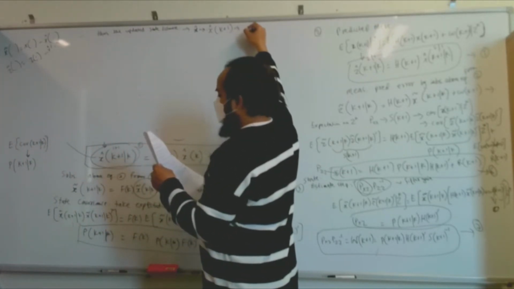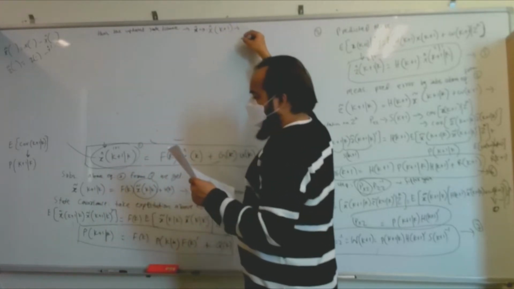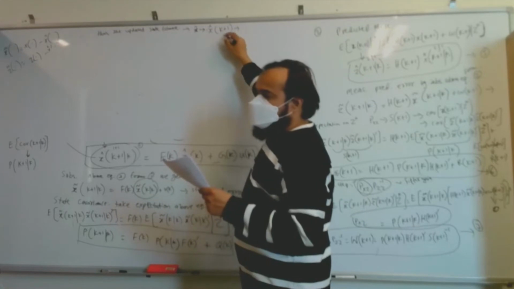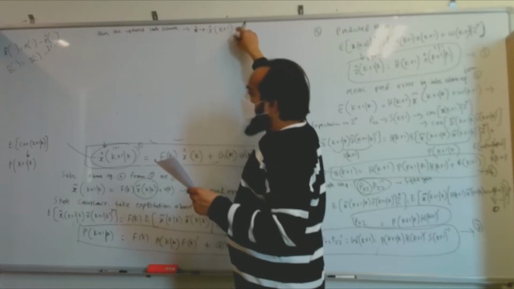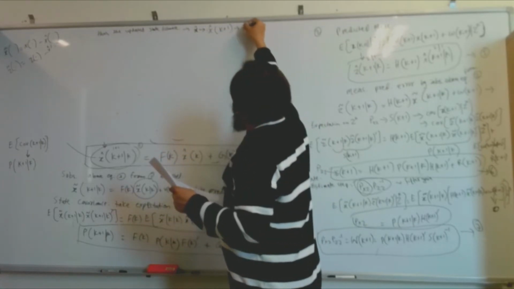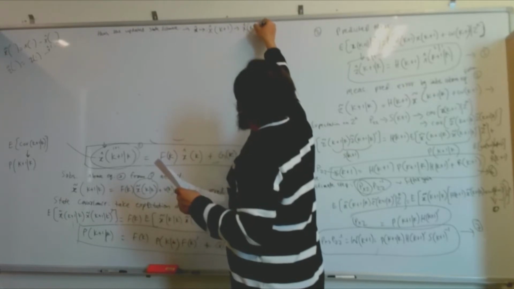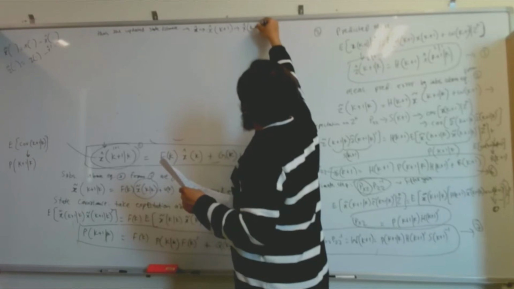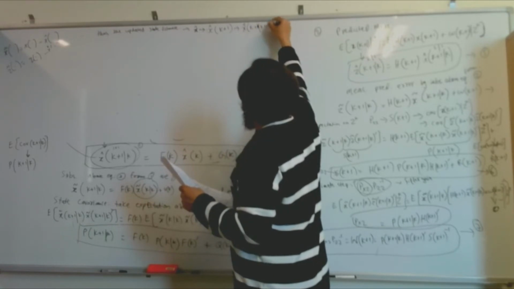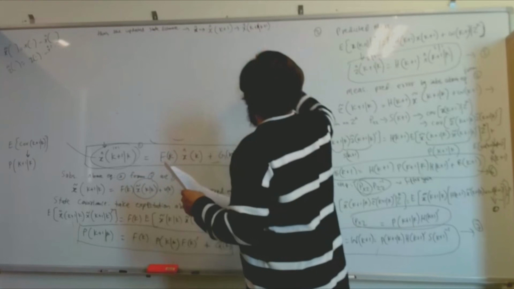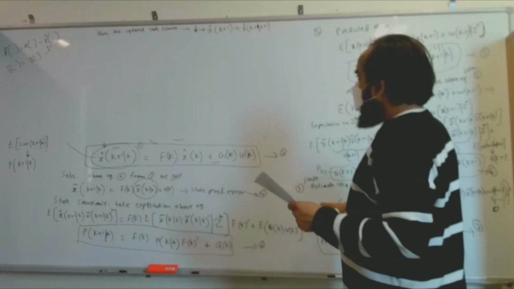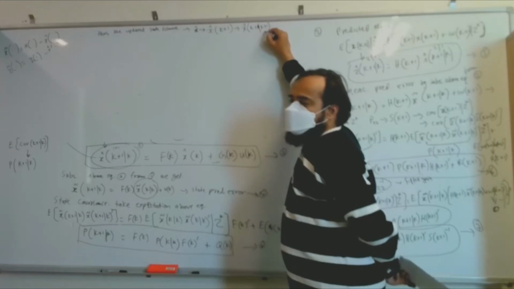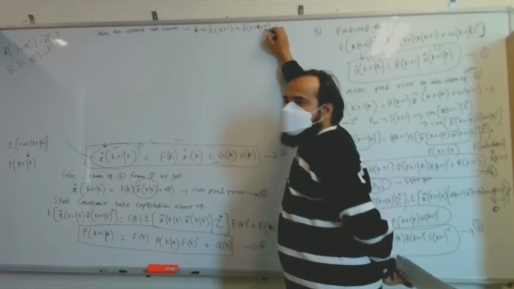Okay, now we have to send this information, update. We are going to update this information based on k plus 1 conditioned on k plus 1. This conditioning means the measurement is given to you from k to k plus 1.